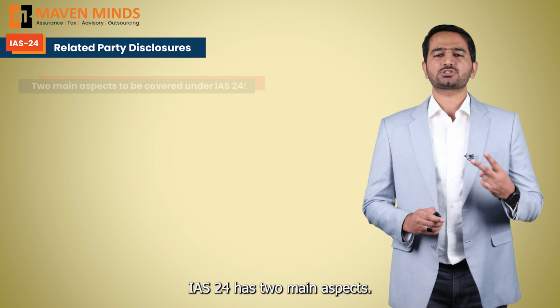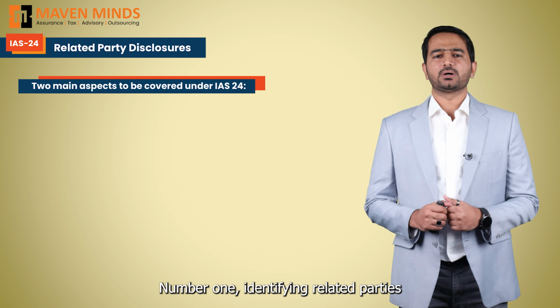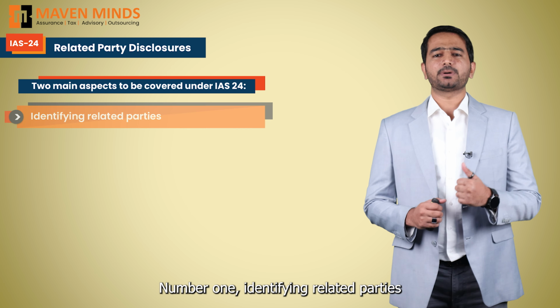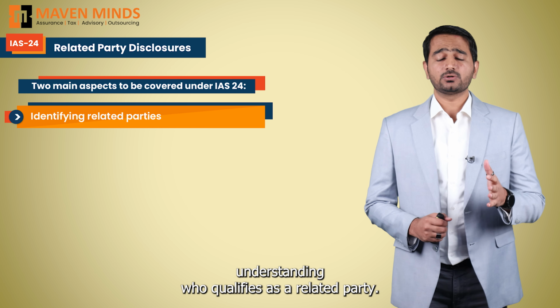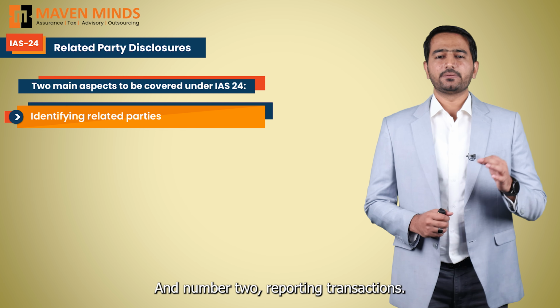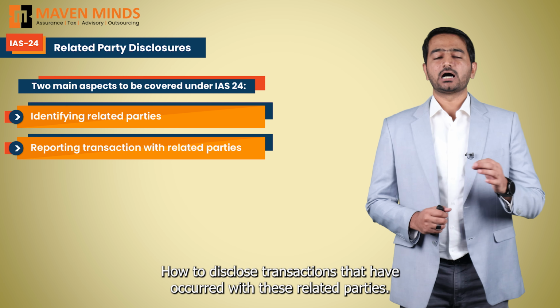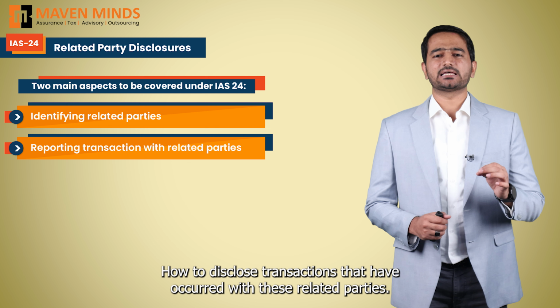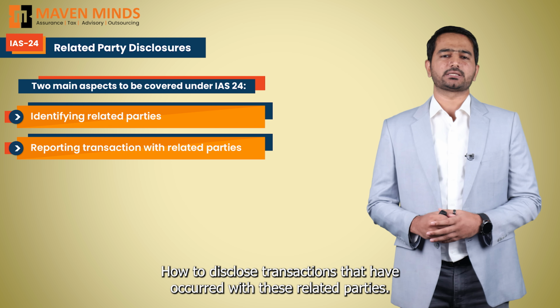IAS 24 has two main aspects. Number one, identifying related parties, understanding who qualifies as a related party. And number two, reporting transactions, how to disclose transactions that have occurred with these related parties.